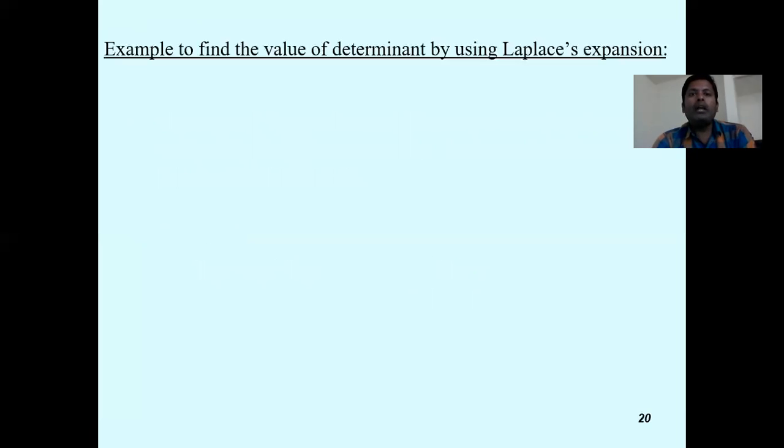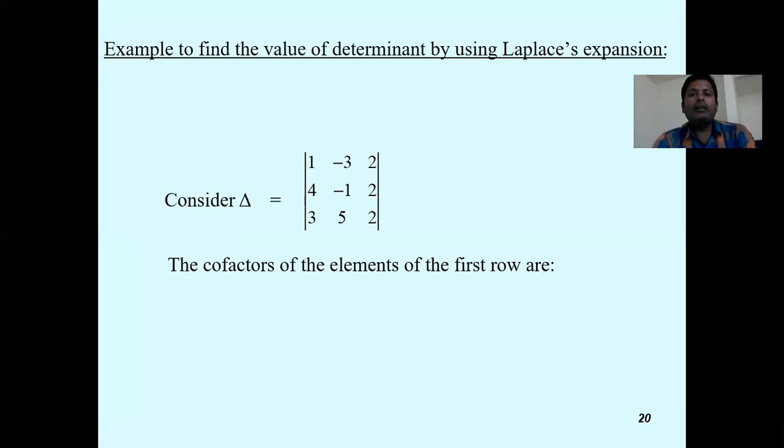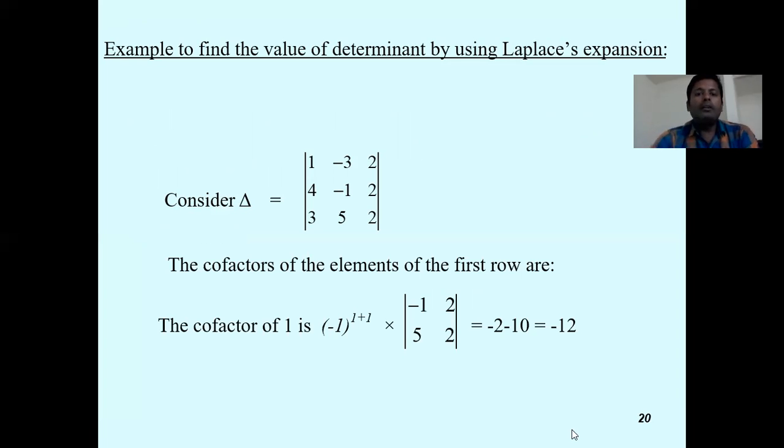Example: to find the value of a determinant by using Laplace expansion. Consider delta equal to the determinant with rows 1, minus 3, 2; 4, minus 1, 2; 3, 5, 2. The cofactors of the elements of the first row are: the cofactor of 1 is minus 1 to the power of 1 plus 1 into the corresponding row and column neglected, minus 1 2, 5 2.